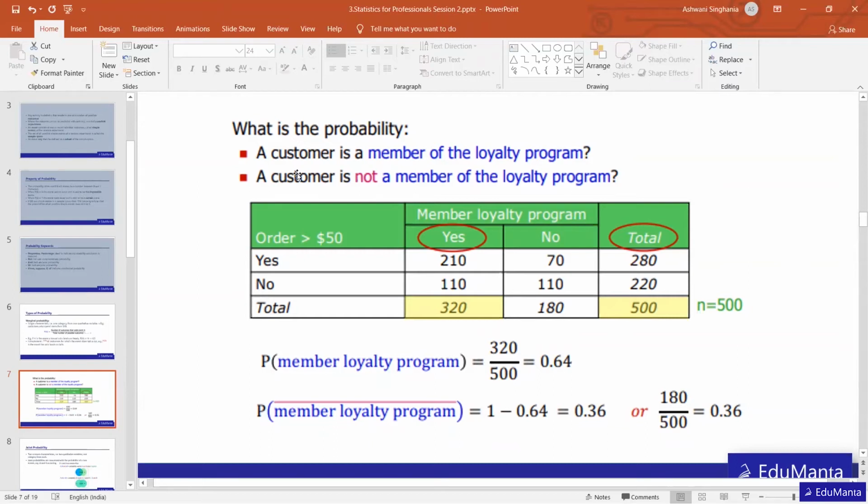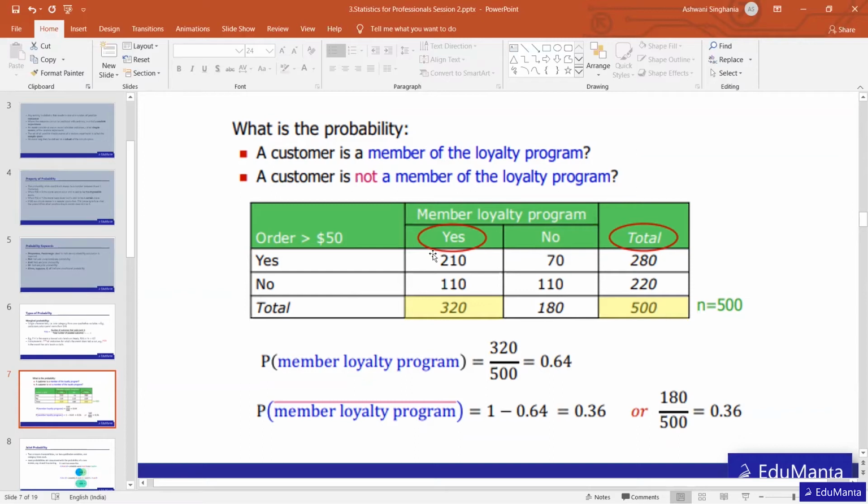They might be getting some discount. There are few customers who are enrolled in that loyalty program, and few who are not enrolled. And the other criterion is that few customers order more than $50, and few customers don't order more than 50, or in other words, order less than $50.